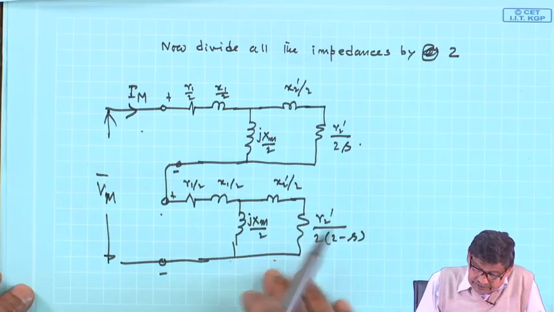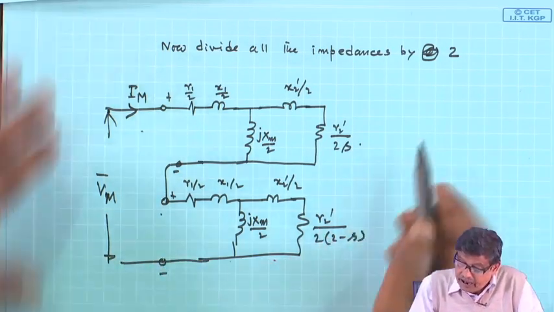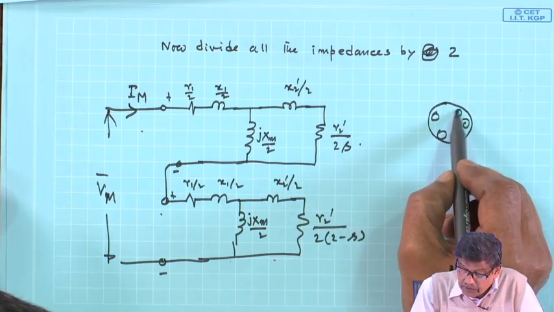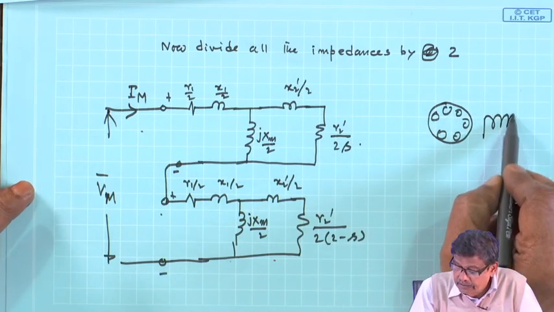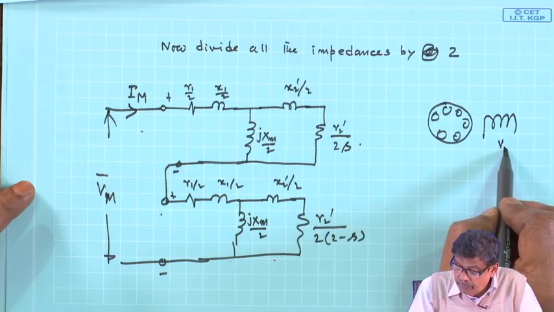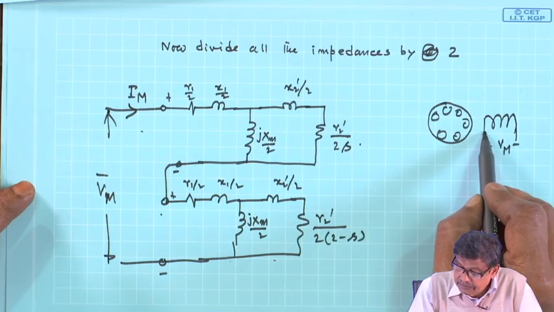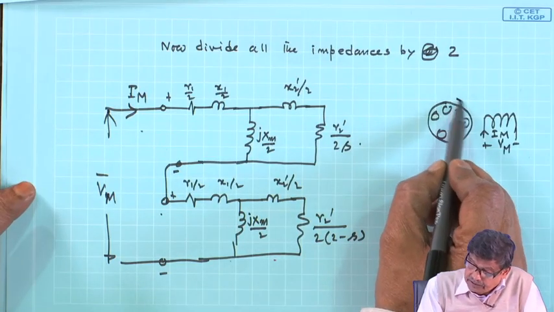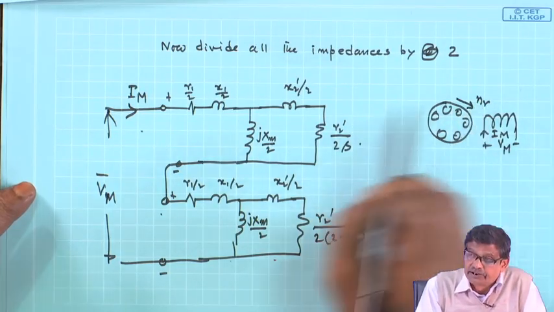So our machine was like this, operating on a single winding, mind you. You have applied a voltage Vm, plus minus, this current is Im, and I have assumed the rotor is rotating in this direction.